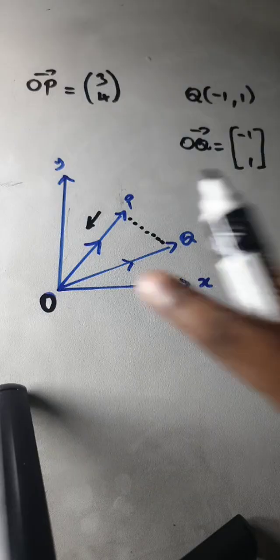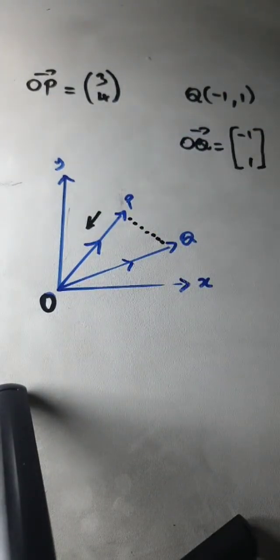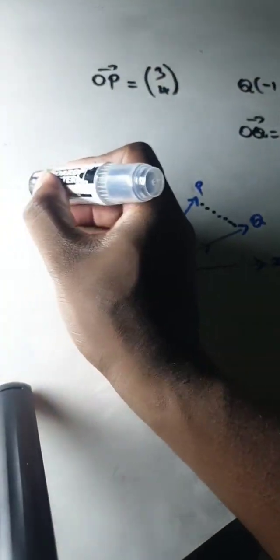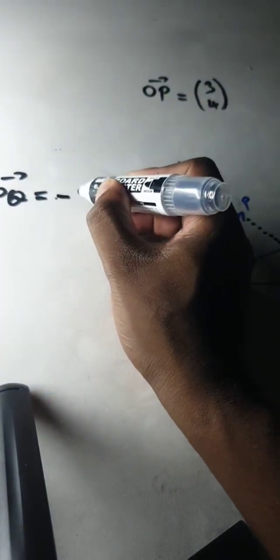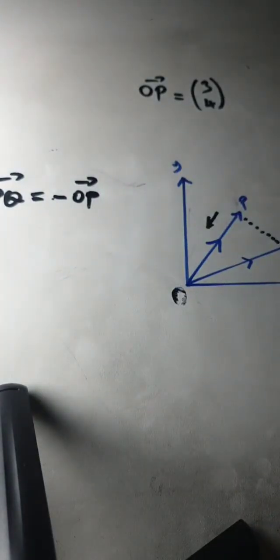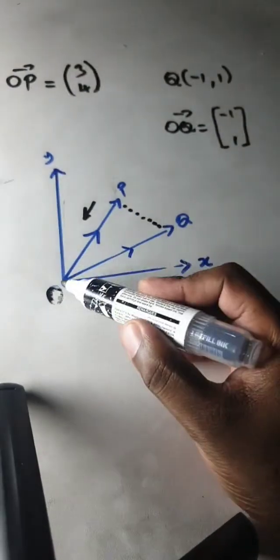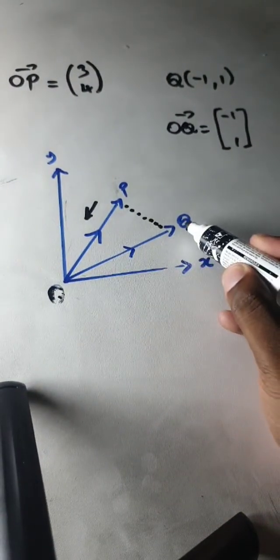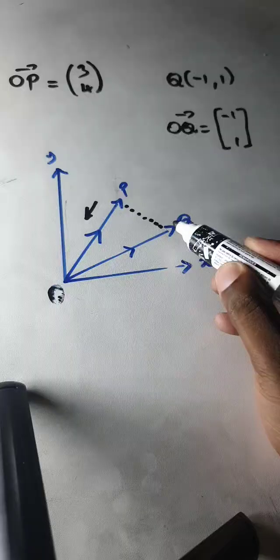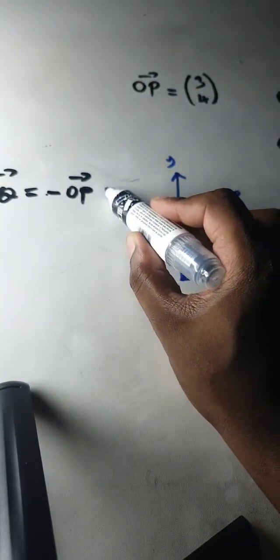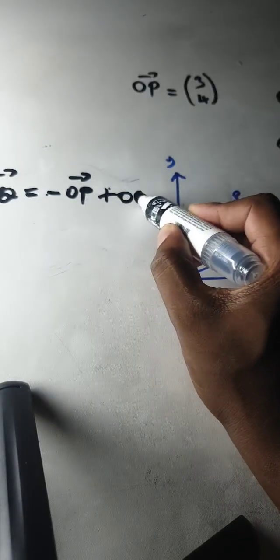Because it's against OP, it is negative OP. Then when we get to O, we branch to Q. OQ is in the right direction, so OQ maintains its positive. So we say plus OQ.